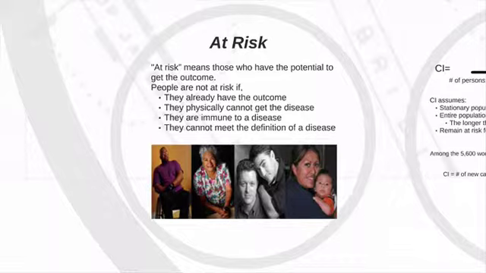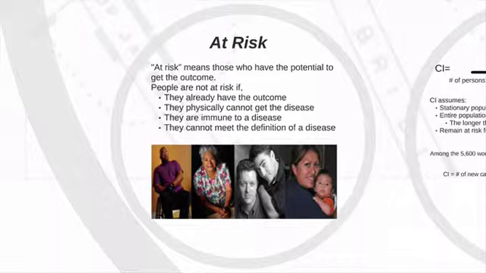So the way I like to think about this, and I keep referring to your denominator, and we're going to skip ahead, I'll show you the formula in a second, I like to think of you have your entire population at risk and they meet these criteria. Again, let's say for ovarian cancer. Which ones are going to arise?